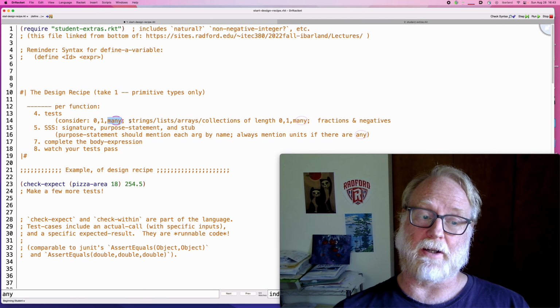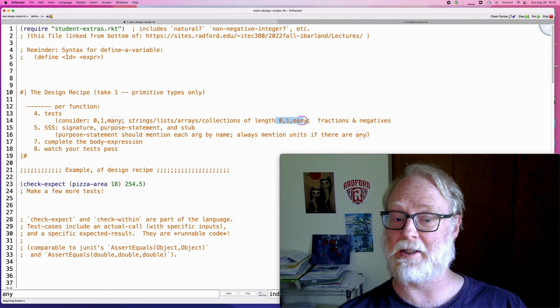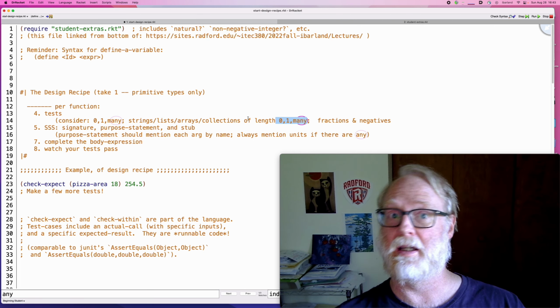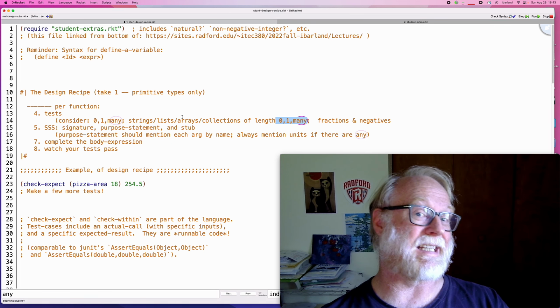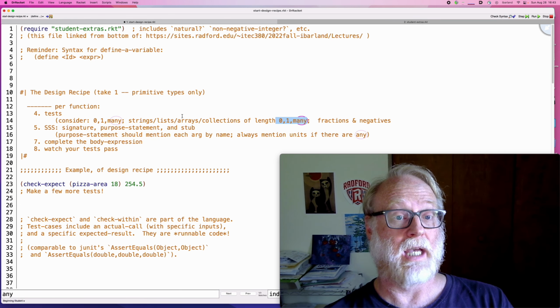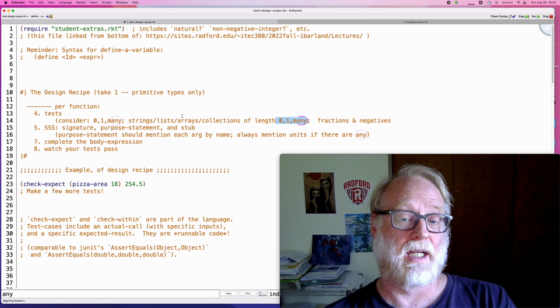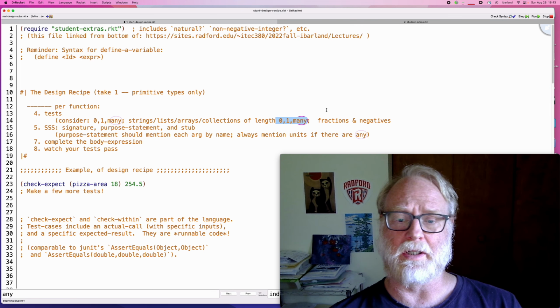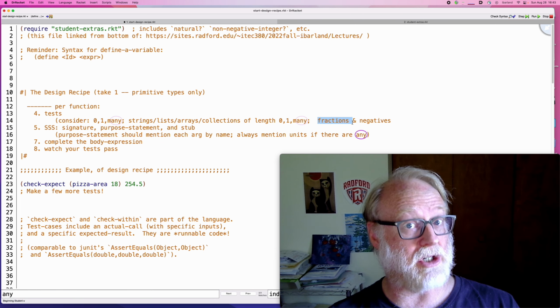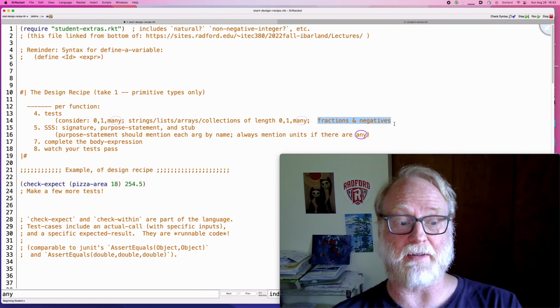If you're writing a function that takes in a string, think about a string of length 0, a string of length 1, a string of length many. If you're writing a function that takes in a list or an array, think about a list or an array of size 0, 1, or many. And test each of those, write a unit test that includes each of those cases. If we're dealing with numbers, again, maybe fractional numbers, negative numbers, think about having some examples of that.